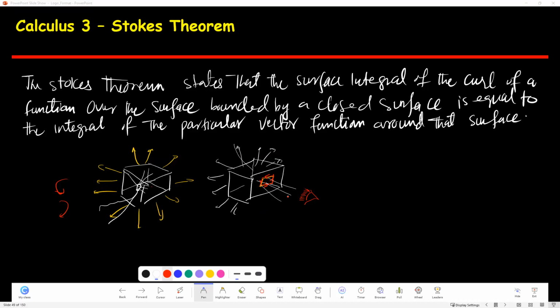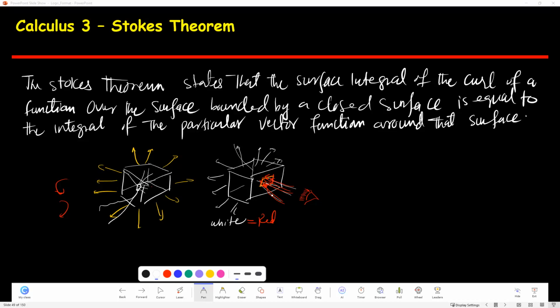So if I say this red thing is going into the window, whatever is there, maybe air, maybe hot air, maybe light, maybe a magnetic field, this red should be equal to the white field. This white field and red field should be equal, and that's exactly what the Stokes theorem says.